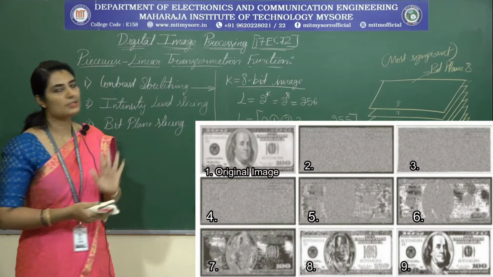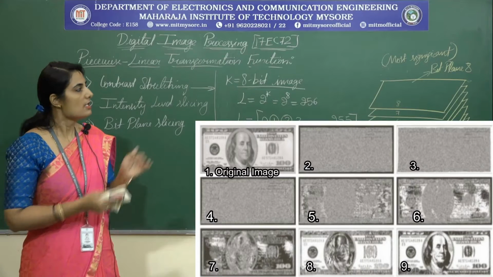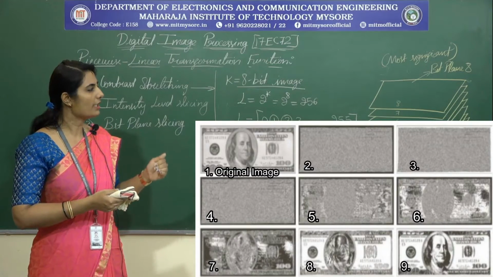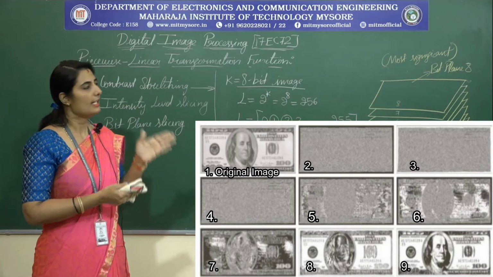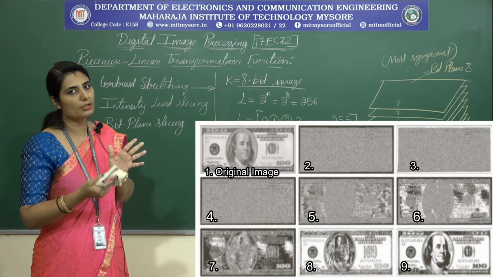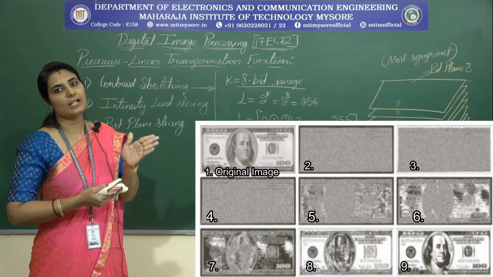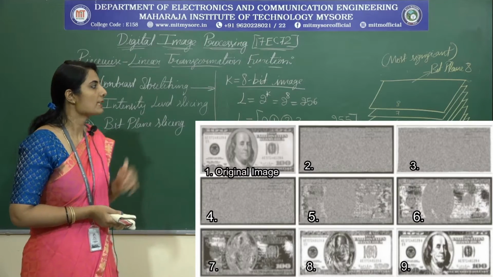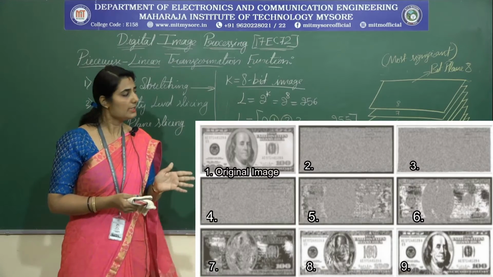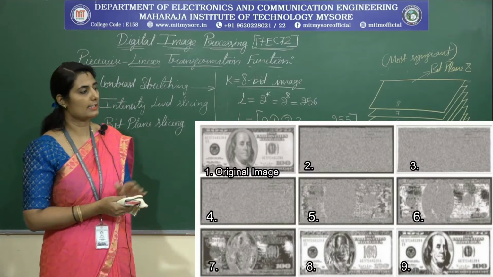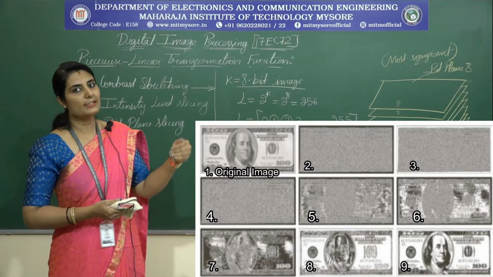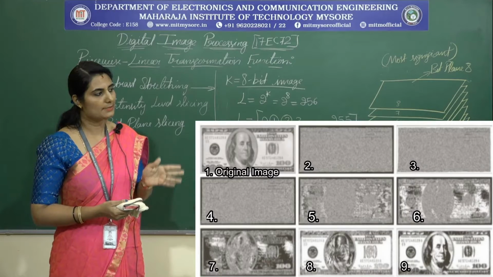Bit plane slicing is one technique to compress the image, where we can avoid the lower order bit planes and use only the higher order bit planes, so that the image quality is not affected very much.